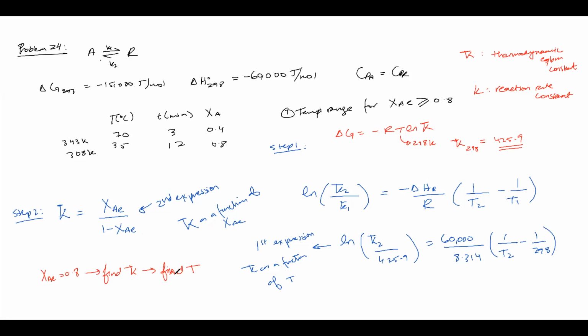Because the reaction is exothermic, you want to operate at temperatures below the temperature you find. If the reaction is endothermic, you want to operate at temperatures above this temperature, right? And if you do the math, it will make sense. If you create a table similar to what we have in the slides, it will make sense, okay? So this is how you do the first part.